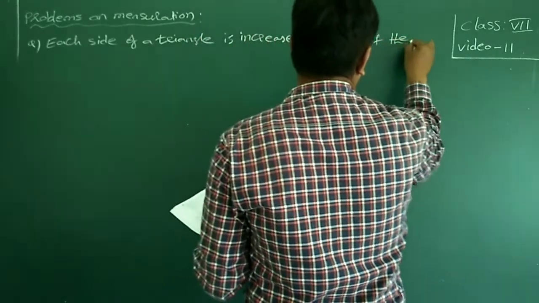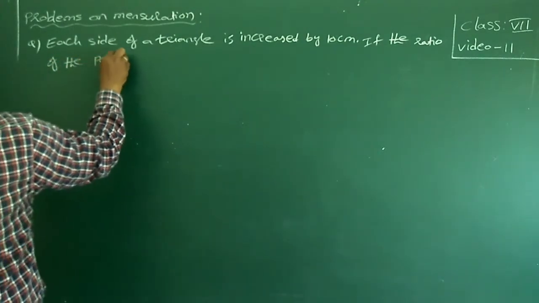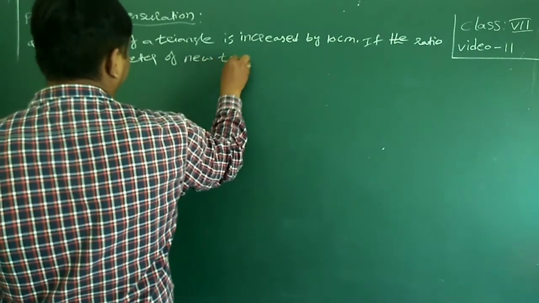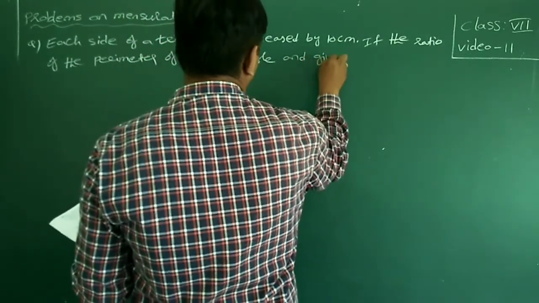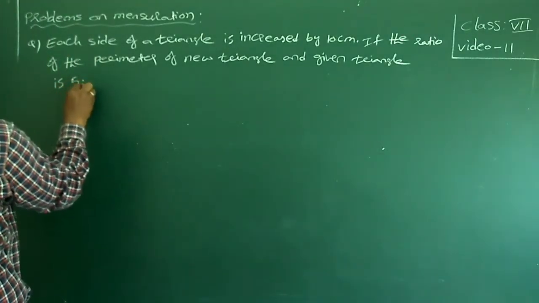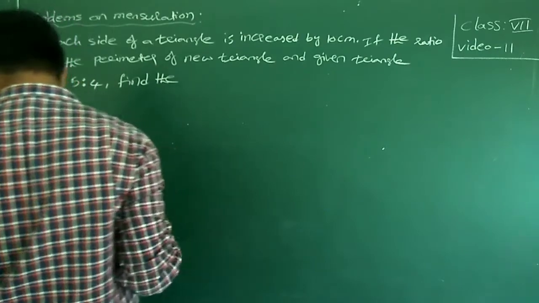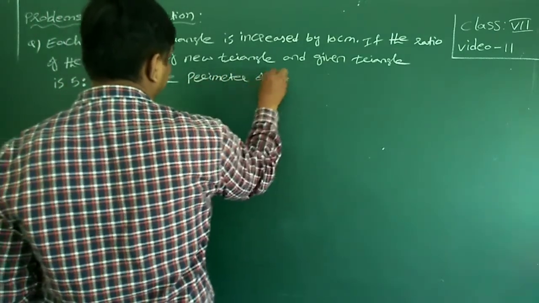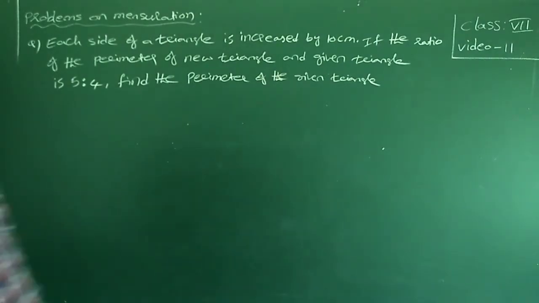If the ratio of the perimeter of the new triangle and given triangle is 5:4, find the perimeter of the given triangle.